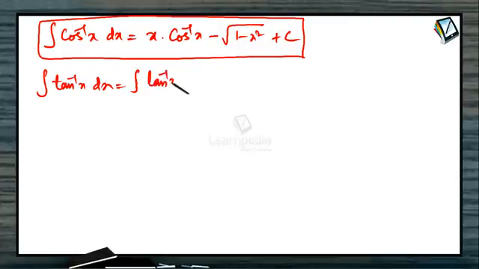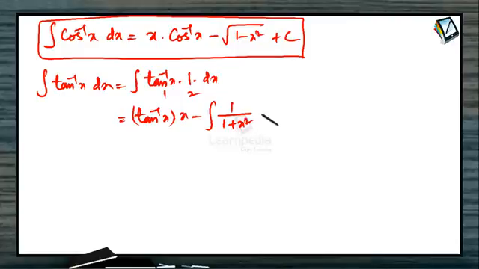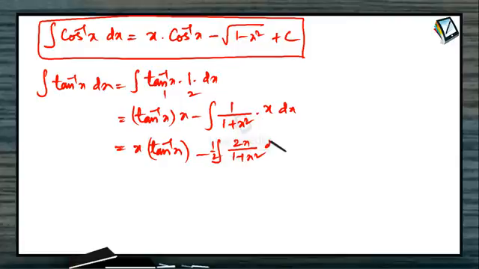Similarly, let us find the integral of tan inverse of x in the same fashion, by taking the integral of tan inverse of x into 1 dx, where this is first and this is second. This is tan inverse of x into x minus the integral of the derivative of tan inverse, which is 1 by 1 plus x square, into the integral of 1, which is x. Hence it is x times tan inverse of x minus the integral of 2x by 1 plus x square, and 1 by 2 is taken here.